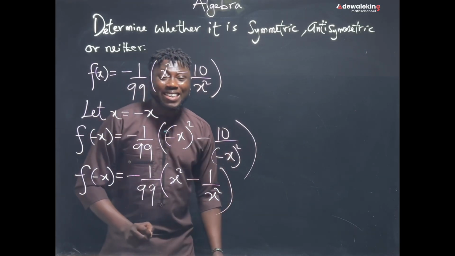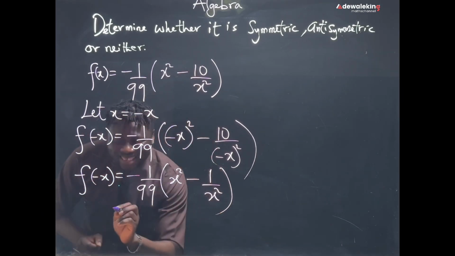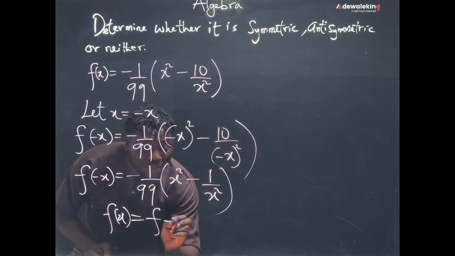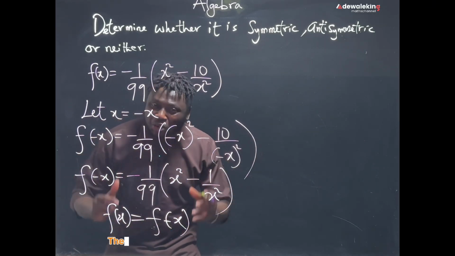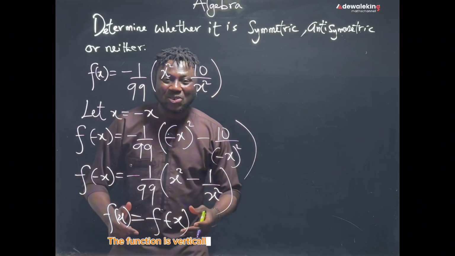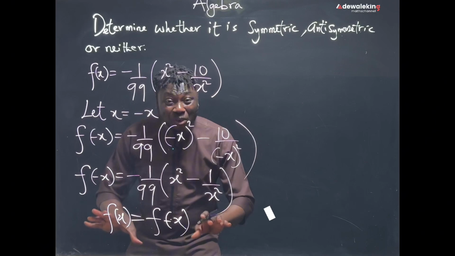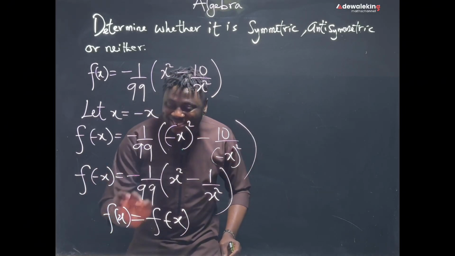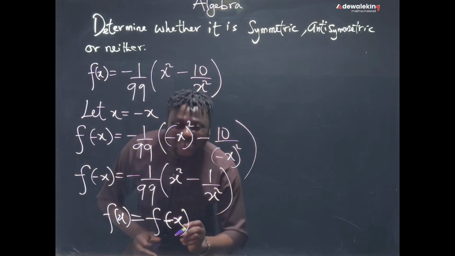As you can see, this is vertically symmetrical. f of x is also equal to f of negative x. So this means that the function is symmetrical about the y-axis. So f of x is even because f of x is equal to f of negative x.